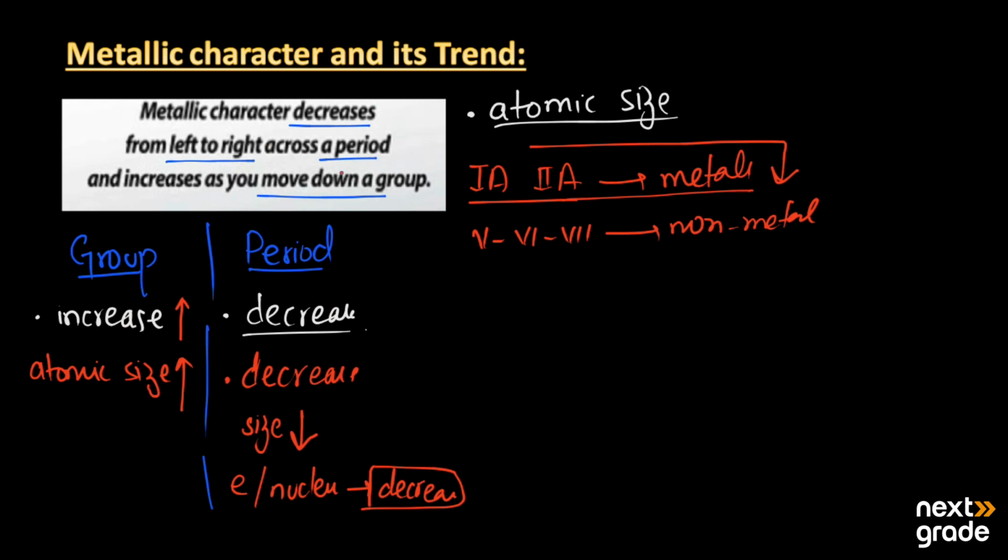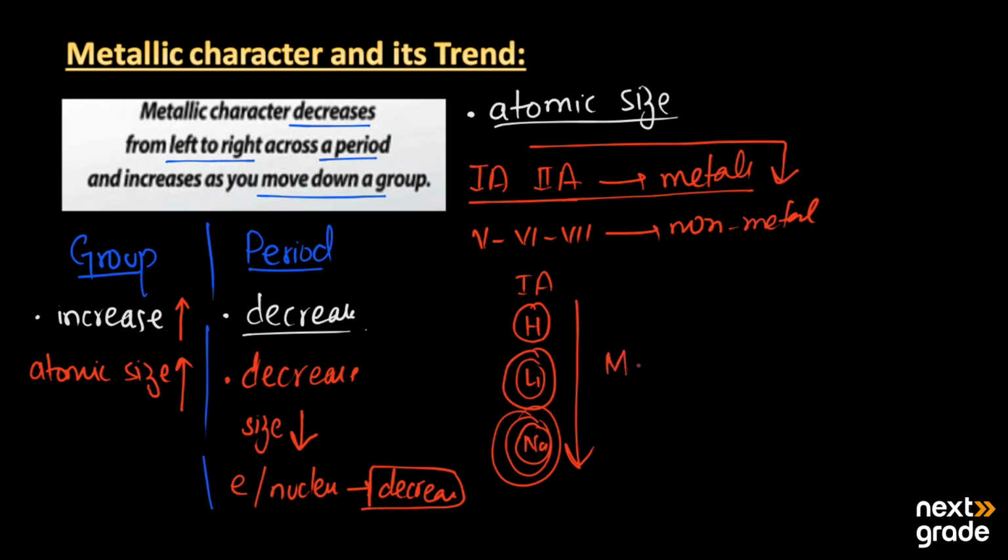That is why the metallic character decreases from left to right and increases moving down, because the atomic size increases. In group 1A, we have hydrogen, then lithium, then sodium. Moving down, the atomic size increases, and in turn, the metallic character of the metals also increases.